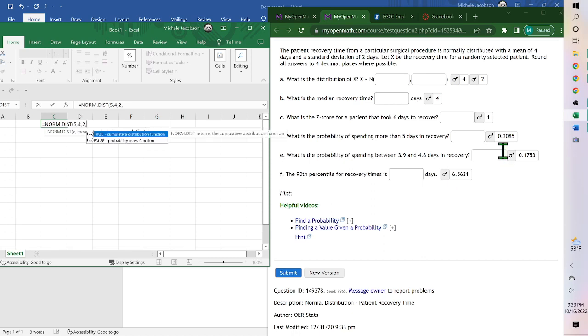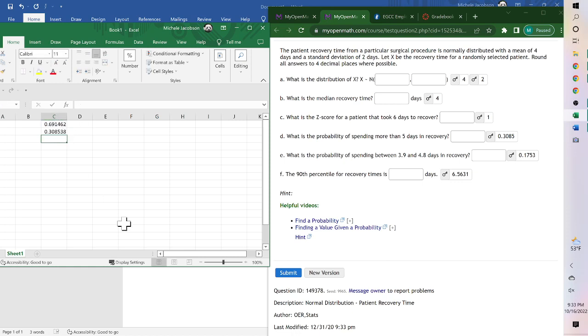And then they want the percent under the curve, which is 1. And then hit enter. Now this is the amount below. So to find the amount above, you take equals 1 minus and our answer. Because if 0.69 is below, then above you would subtract them and get 0.3085.